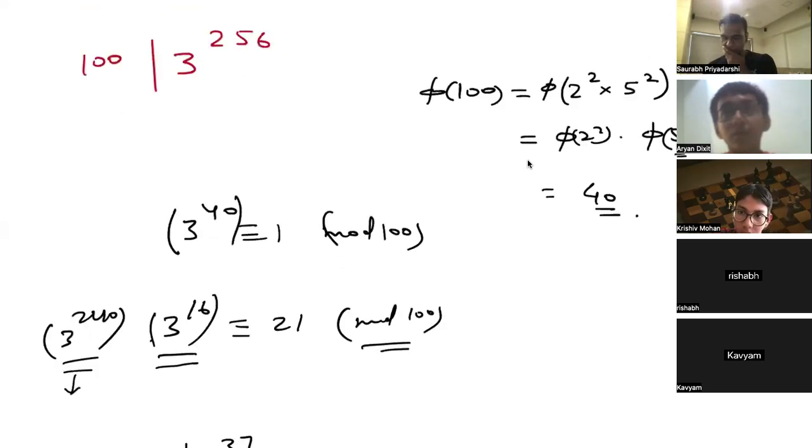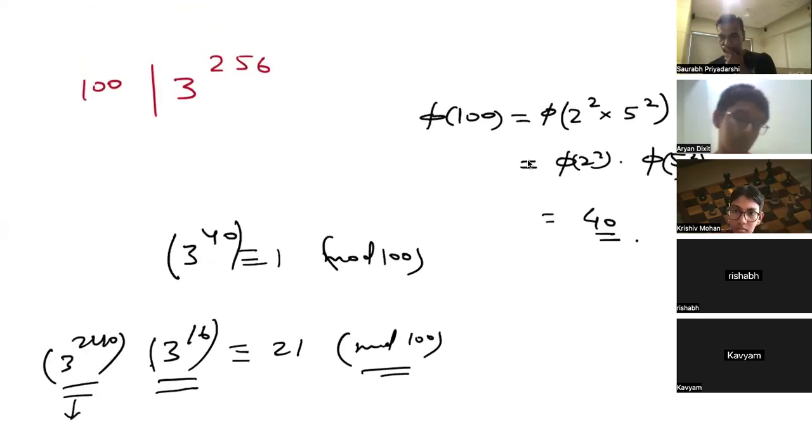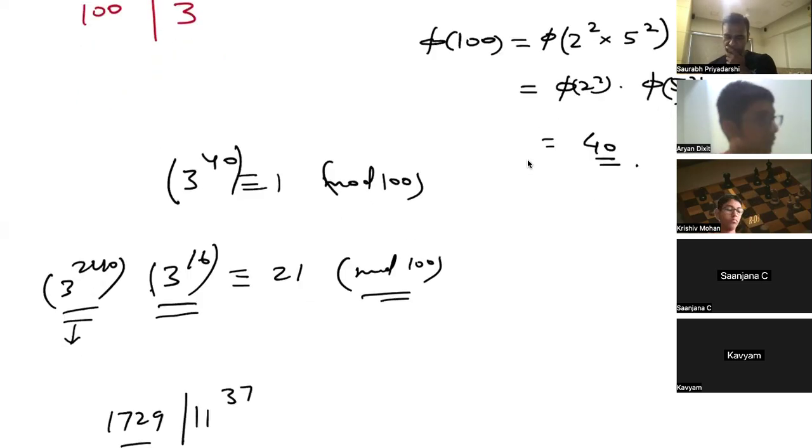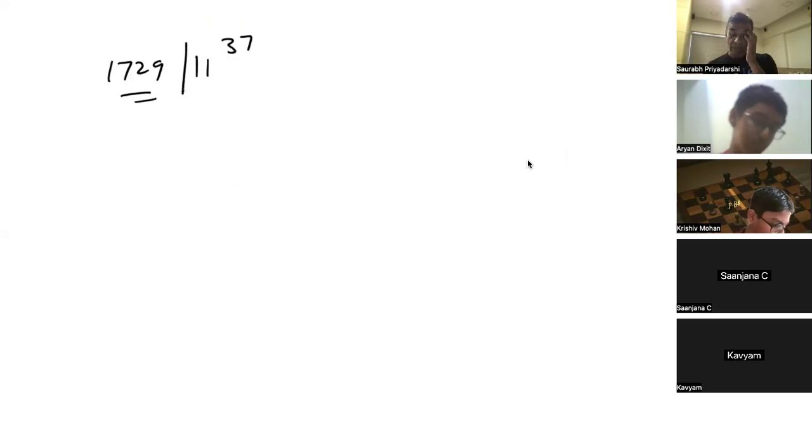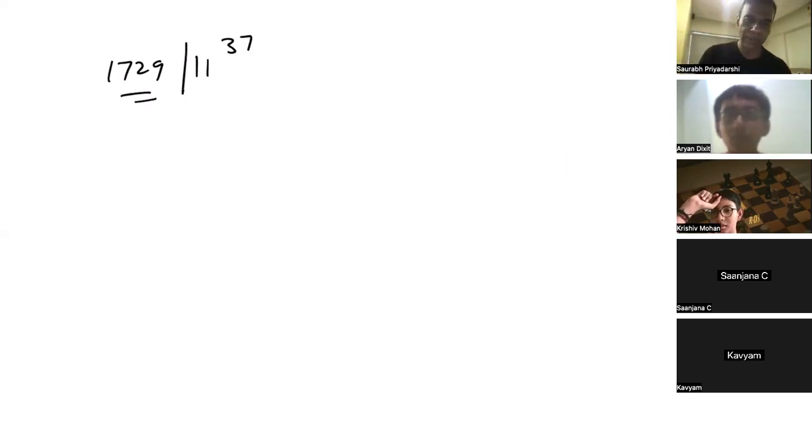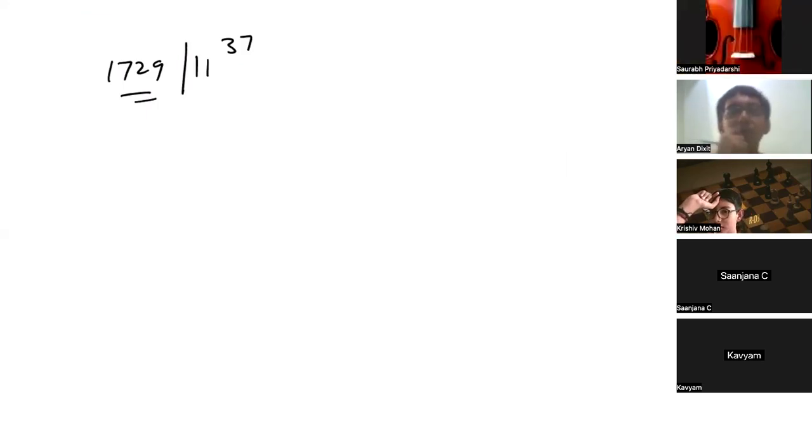This is okay now, everyone? Yes, sir. So when you divide this by 1729, 1729 or 1728? 1729. 1729 is not prime.